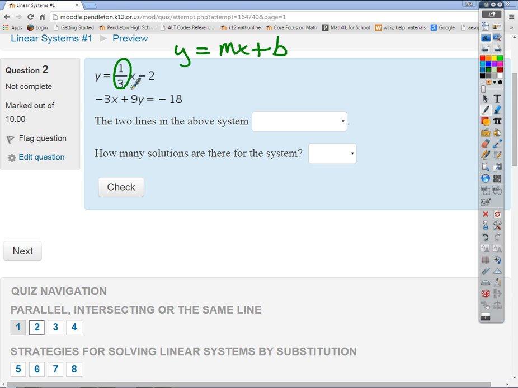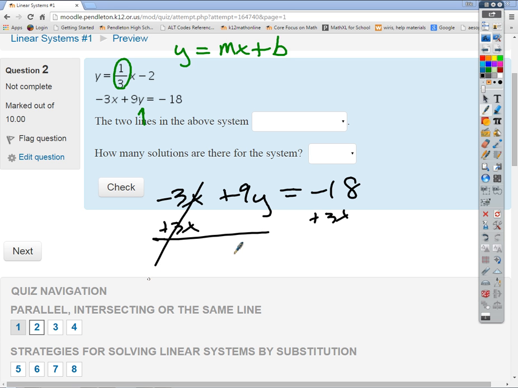So what are the two steps we have to go through to get that y by itself? I got to get rid of the 3x term. I got to push the 3x term to the other side by adding 3x and then dividing by 9. Okay, so let's go through that real quick. So negative 3x plus 9y equals negative 18. First we'll add 3x.